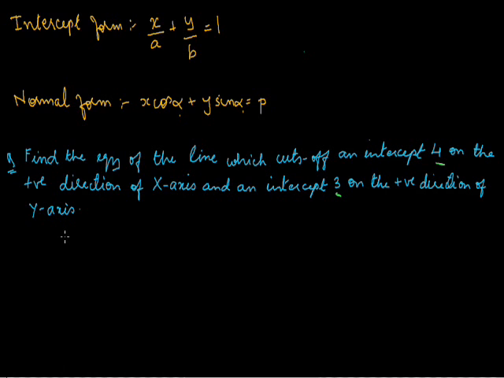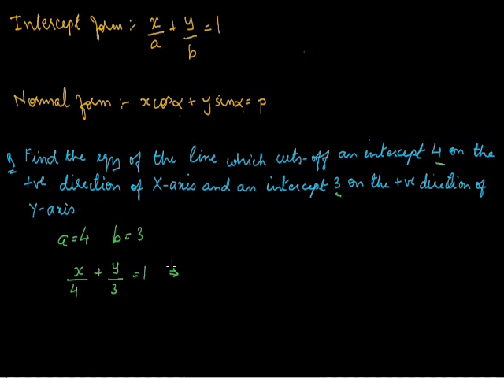Hence, we can say that the value of a is 4 and the value of b is 3. Substituting these values of a and b in our equation x/a + y/b = 1, we will get x/4 + y/3 = 1.